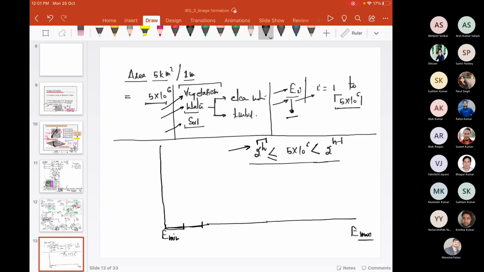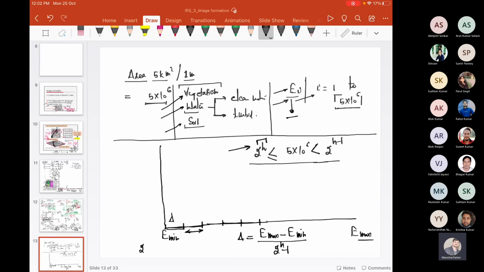Why do we assign to the range? Because in the entire range, this energy belongs to the same class. Similarly for the next range. Let's say delta is equal to (E max minus E min) divided by 2 to the power n minus 1.